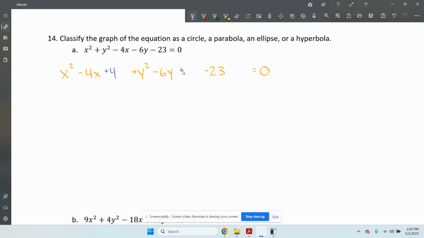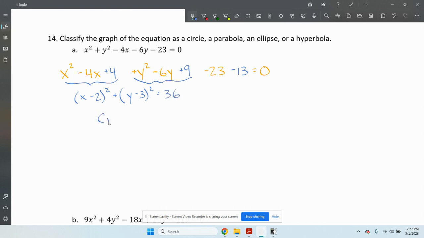Divide this by 2 and square it, I'm adding 9 here.